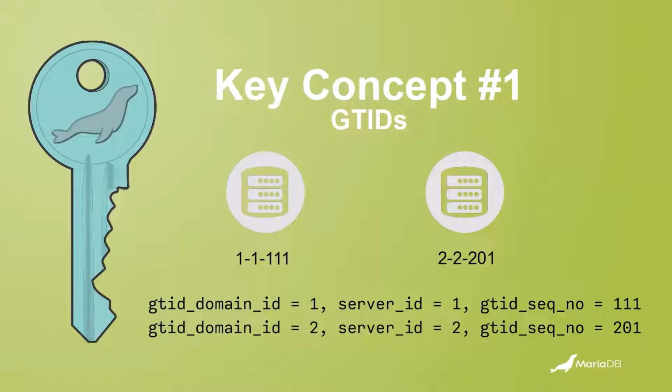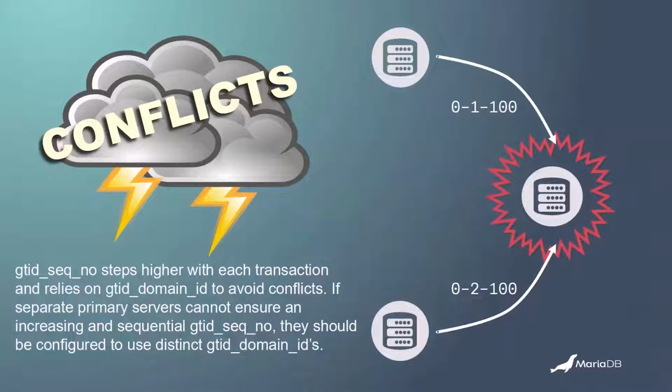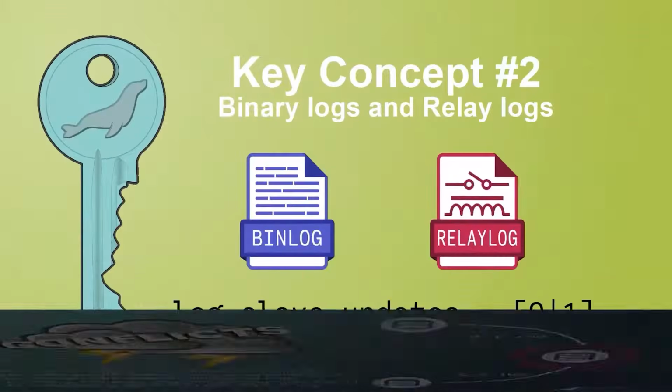The GTID seq_no is an increasing sequence which can identify single transactions. Use GTID domain ID to avoid conflicts. Here we see separate primary servers presenting GTID seq_no 100, which is a conflict. This is an example of where the primaries should have different GTID domain IDs.